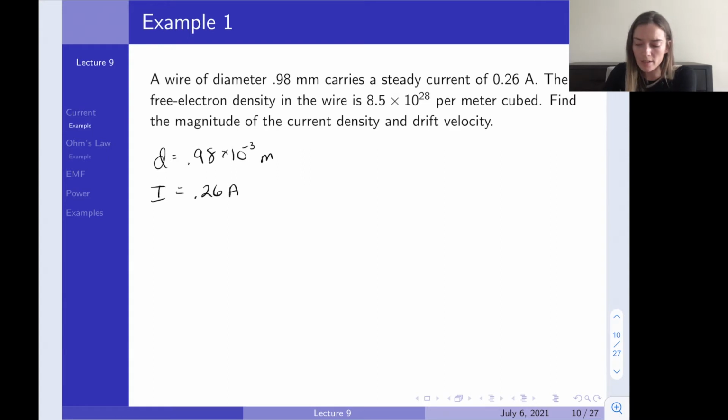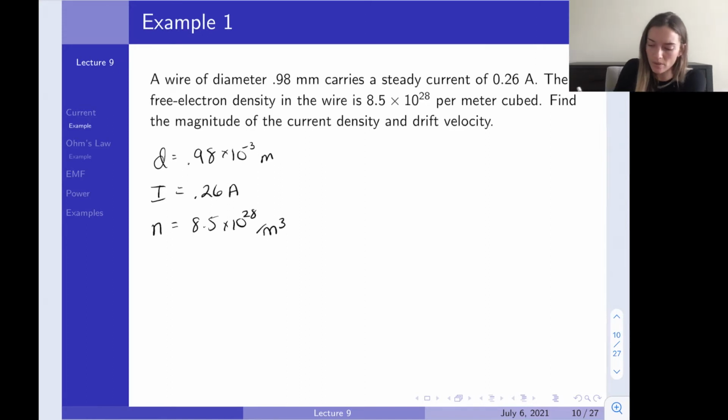The free electron density, so that's the number density, the density of our electrons in the wire, is 8.5 times 10 to the 28 per meter cubed. So N is equal to 8.5 times 10 to the 28. So that's obviously a huge number. Find the magnitude of the current density and the drift velocity.